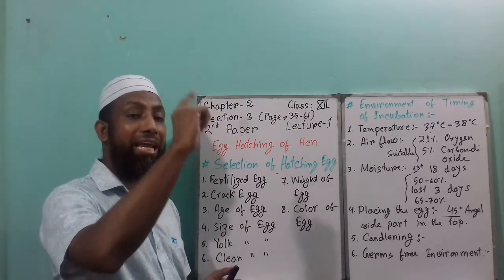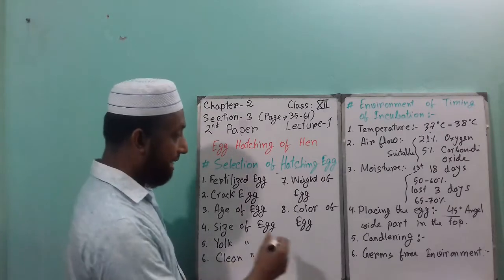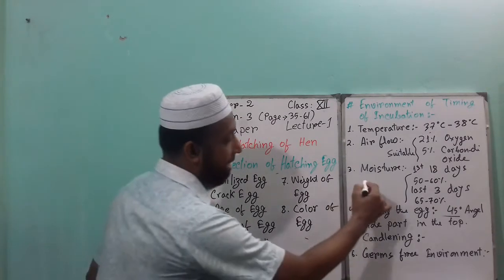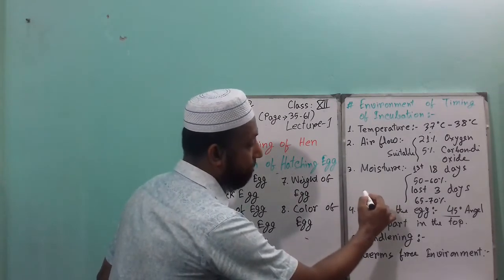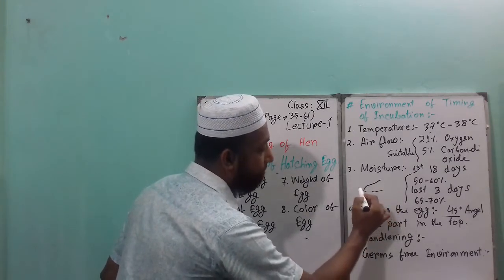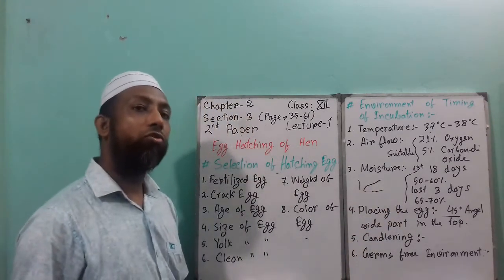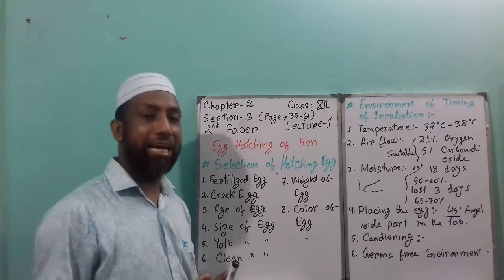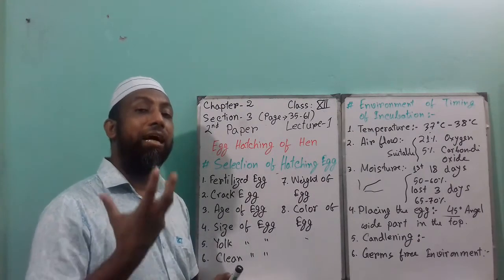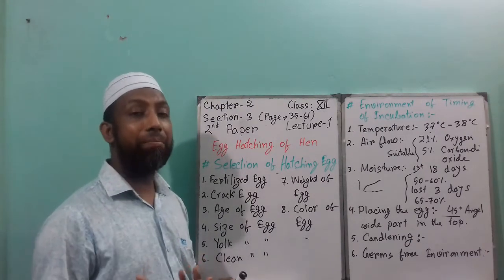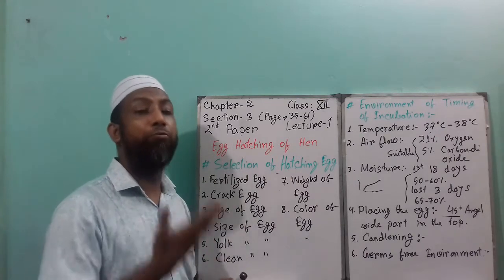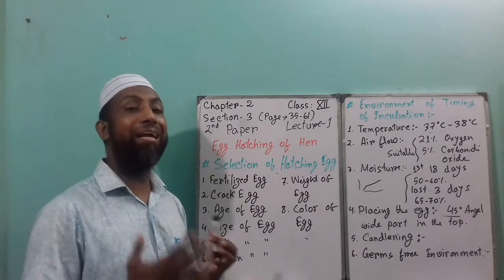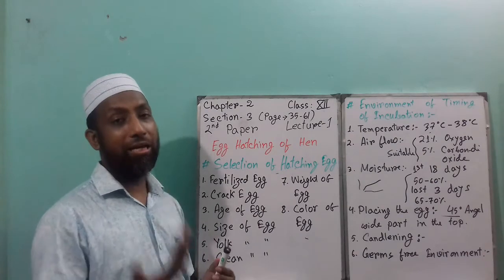If you observe any vein present, like this type of vein, this indicates that the embryo inside the egg is improving or building up in the egg.